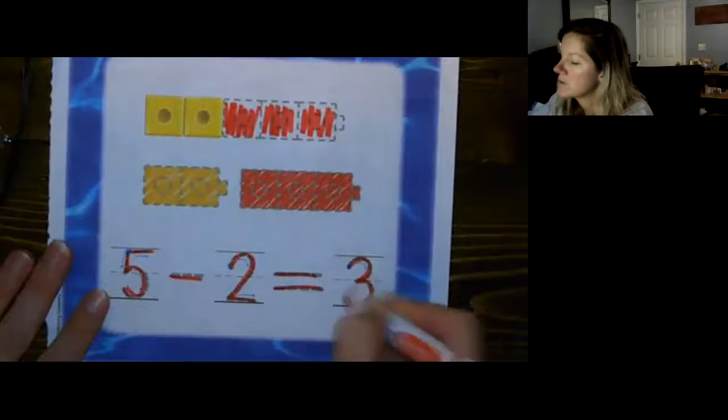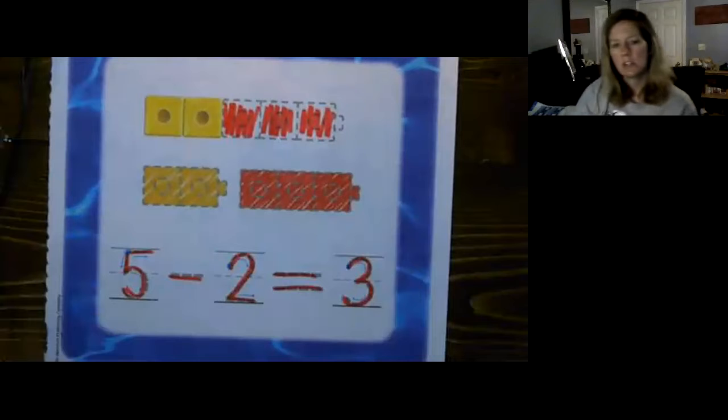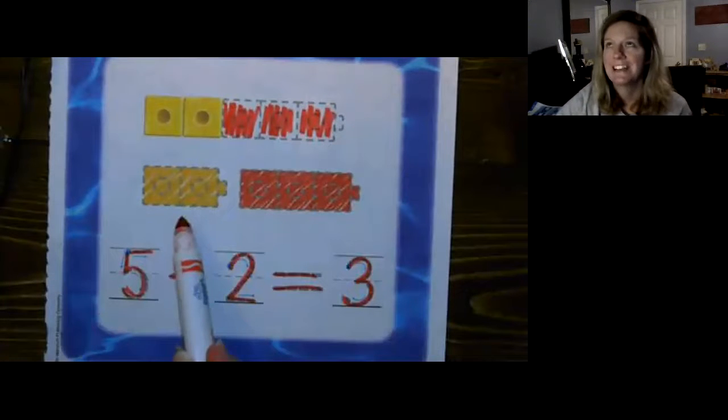So it says 5. What does this symbol mean again? Minus how many? 2 equals 3. So now I want you to look at the take apart part of this picture. So this is all of them all together.